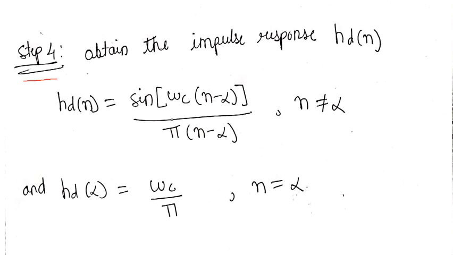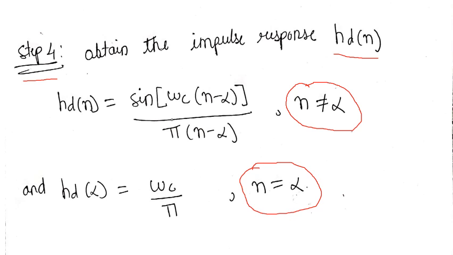Step 4. We have to obtain impulse response Hd of n for two cases, that is for the case n not equals alpha and for the case n equals alpha. The formula to compute Hd of n for both the cases is as displayed on the screen.